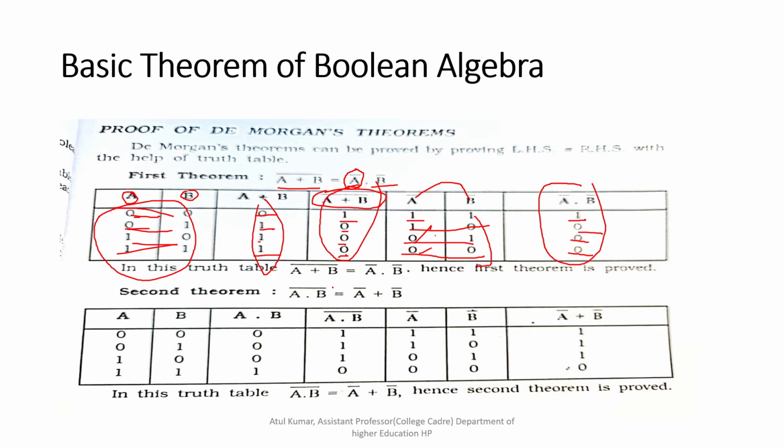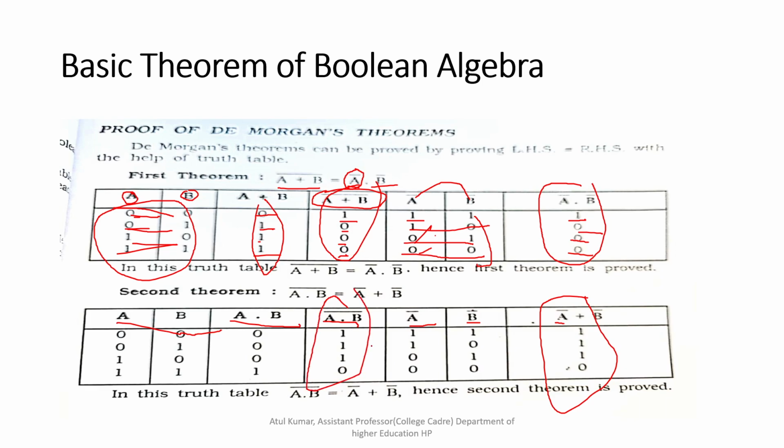Similarly we have the second theorem, in which the complement of a and b is equal to a complement or b complement. The same procedure we have to apply on this. Firstly we calculate a dot b, then a bar, then b bar, then a bar plus b bar, and then we compare this a bar plus b bar with the complement of a dot b.